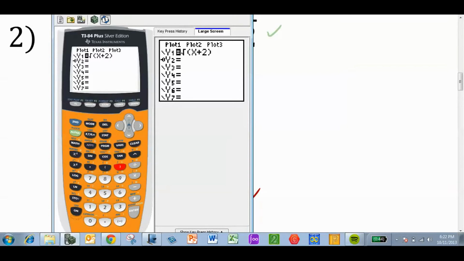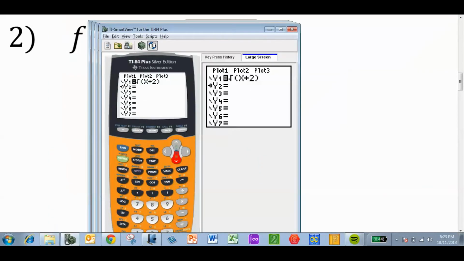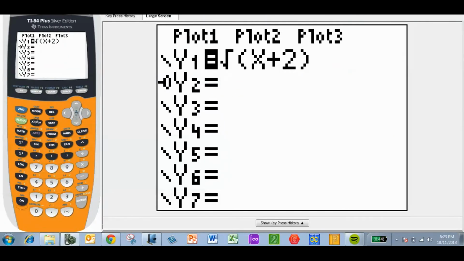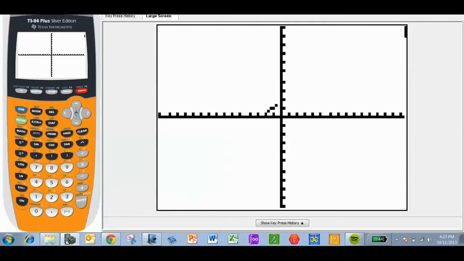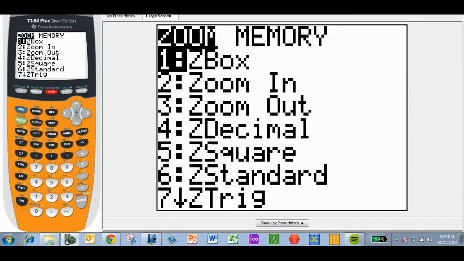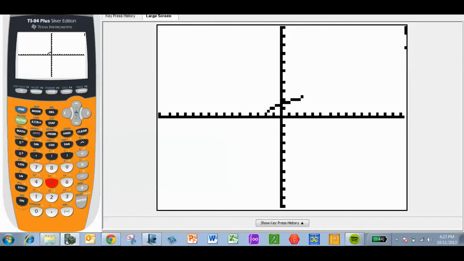I'll put that in y sub 1, and in y sub 2 I'll put x squared minus 2. All right. So we can see that we have a graph, and when you graph these things in your TI 83 or 84, you probably want to be in zoom 5, which zooms to a square. Makes our intervals a little bit nicer to see.